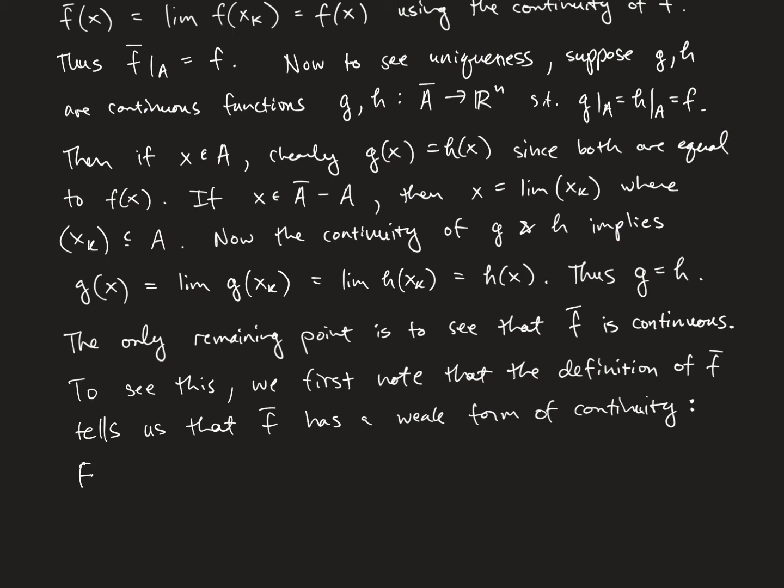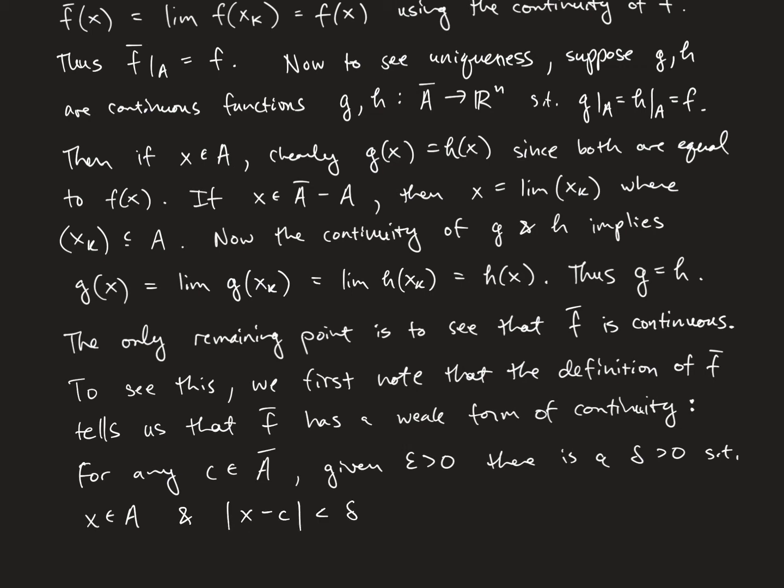For any C in A bar, given epsilon greater than 0, there is a delta greater than 0 such that if x is in A, not in A bar, if x is in A and the distance between x and C is less than that delta, this implies that the distance between f bar of x and f bar of C is less than epsilon.